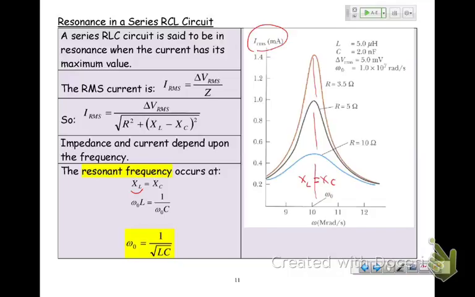Well, if XL equals XC, then omega L for this frequency is equal to 1 over omega C for this frequency. So omega is equal to 1 over the square root of LC. That tells you that frequency.